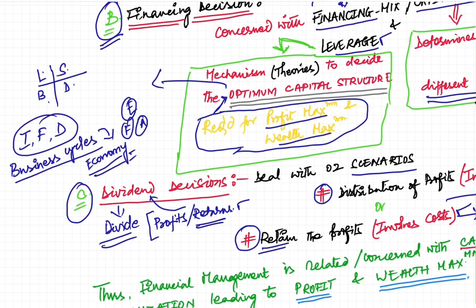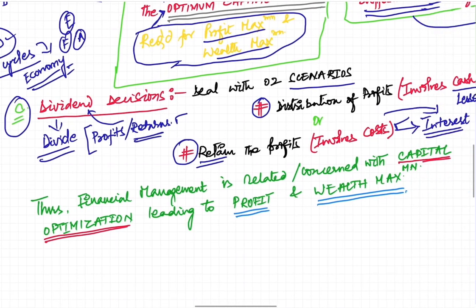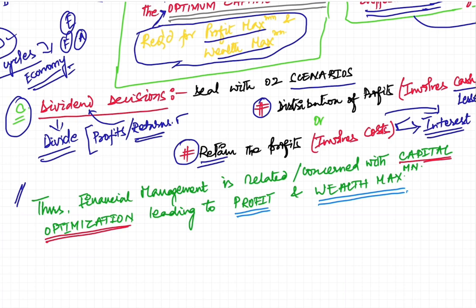So all these three decisions, investment decisions, financing decisions, and dividend decisions, are taken into consideration in financial management. Thus, financial management is concerned with capital optimization, leading to profits and wealth maximization.